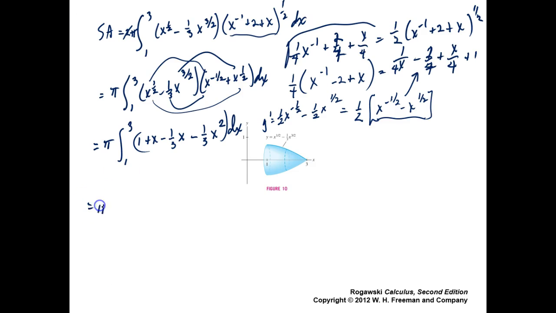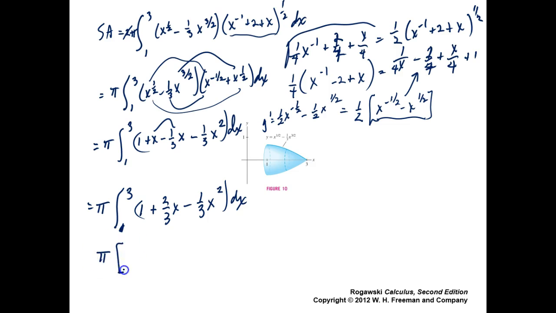So this is going to be pi times the integral from 1 to 3. Okay, we can combine two of those terms, right? 1 minus 1/3, yeah, 2/3 x minus 1/3 x squared dx. And then what does that give us?